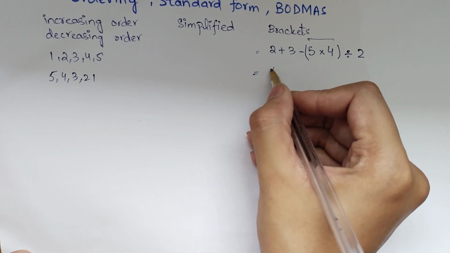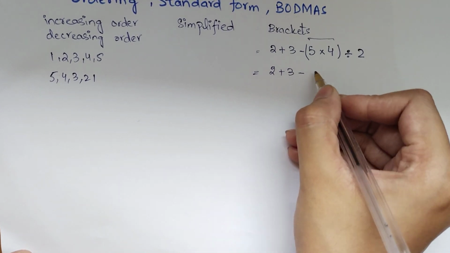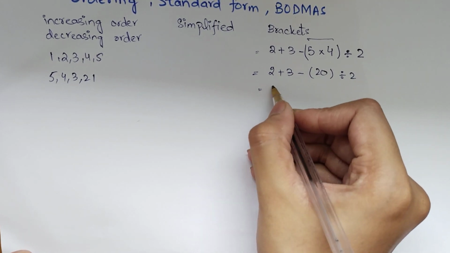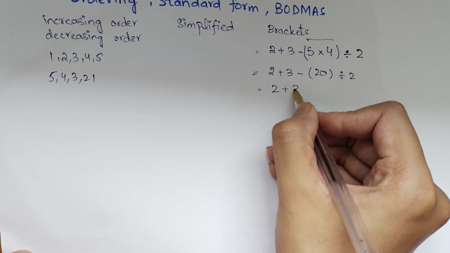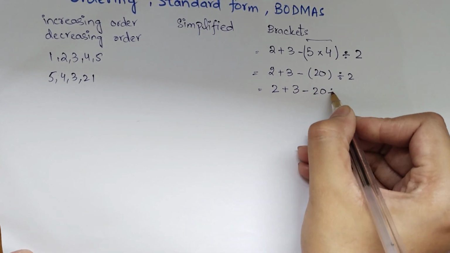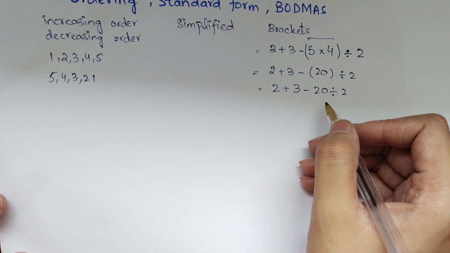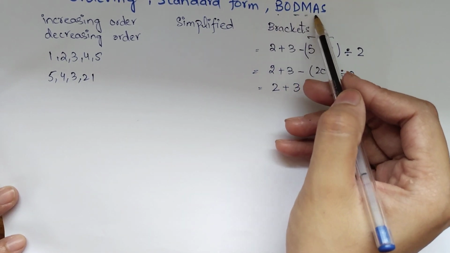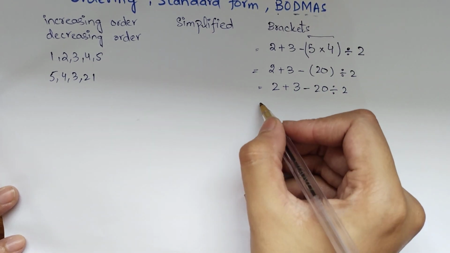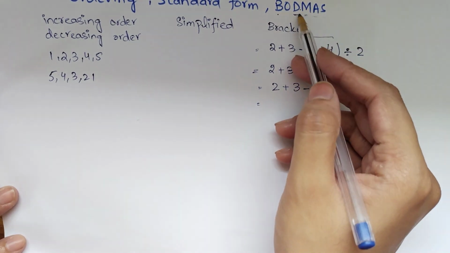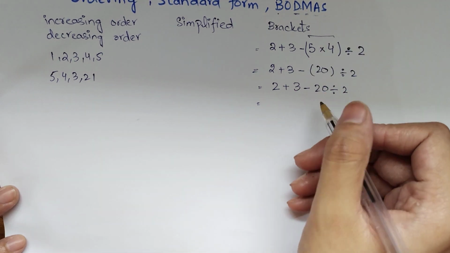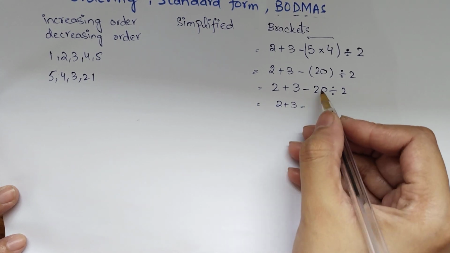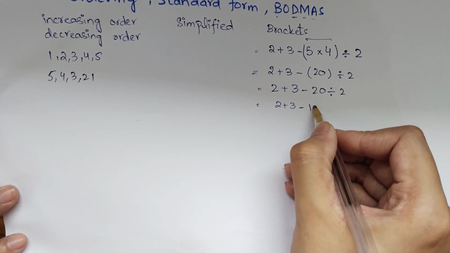So I'm writing it like this: 2 plus 3 as it is, minus 5 4s are 20, divided by 2. It becomes 2 plus 3 minus 20 divided by 2. Now you have to follow brackets, then division, then multiplication, then addition and then subtraction. So first we will divide: 2 plus 3 remains the same, minus 20 divided by 2 becomes 10.